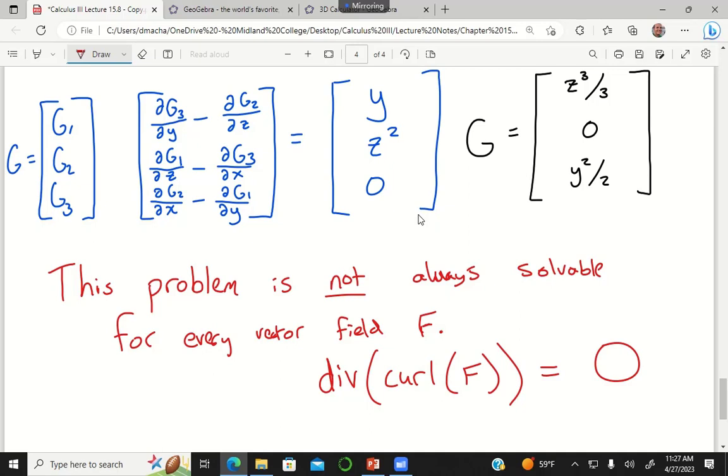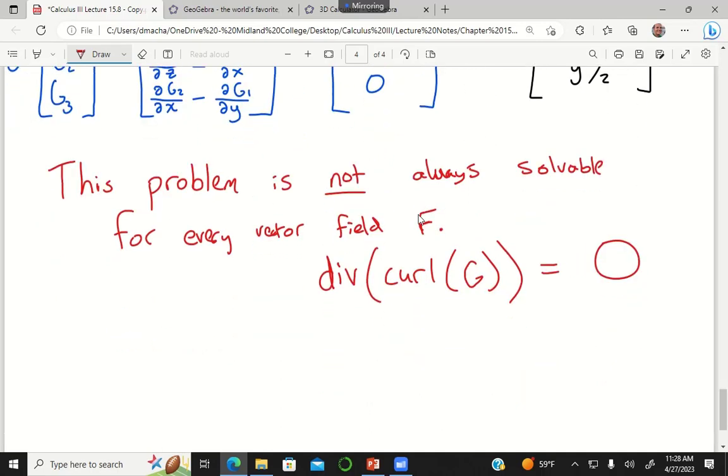And so since we are talking about making f the curl of g, the divergence of the curl of the vector field g has to be 0. Well, we just said that f is going to be the curl of g, and so if we want this to work, then the divergence of f has to be 0.